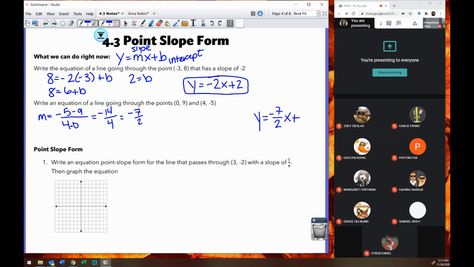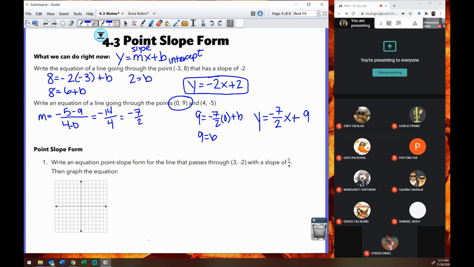Okay, so let's pick 0 now. 9 is equal to -7 over 2 times 0 plus b. This cancels out, so you get 9 is equal to b, so your y-intercept is 9. The reason I asked you at first what the y-intercept is, is because you have a coordinate point here where your x value is 0, and that's always your y-intercept.